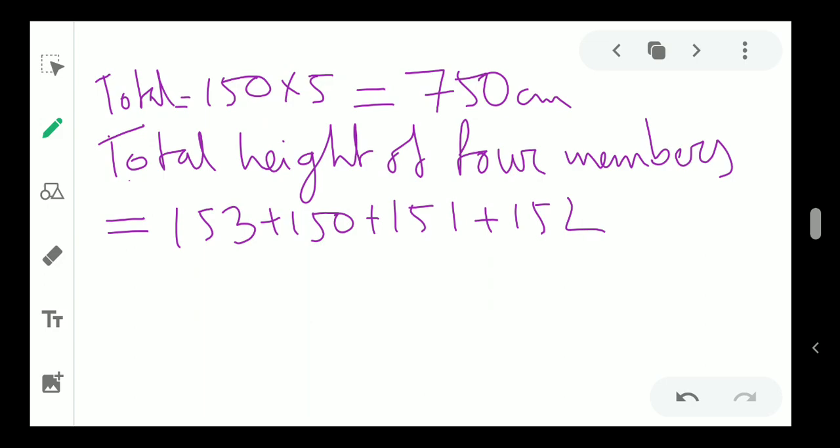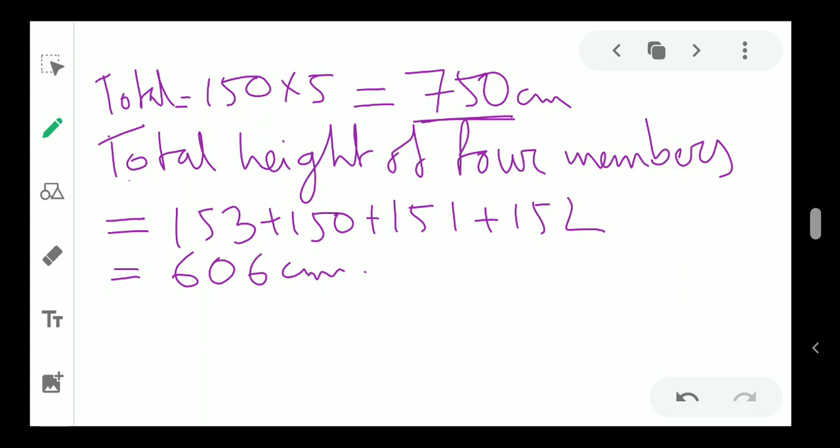So let me add them. 153 plus 150 plus 151 plus 152. So that will come to 606 centimeter. So there are a total of 5 members.